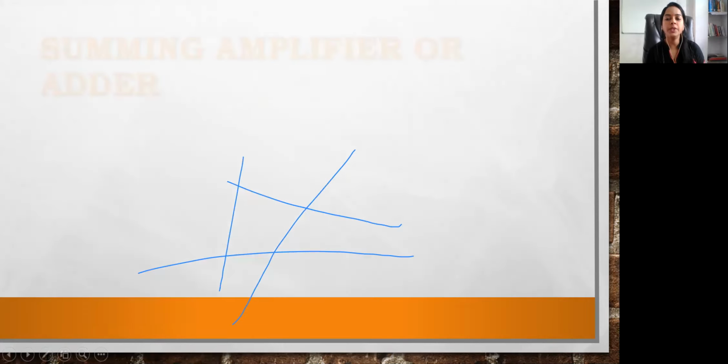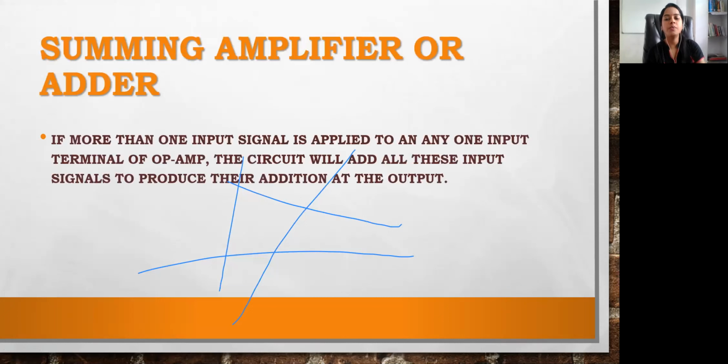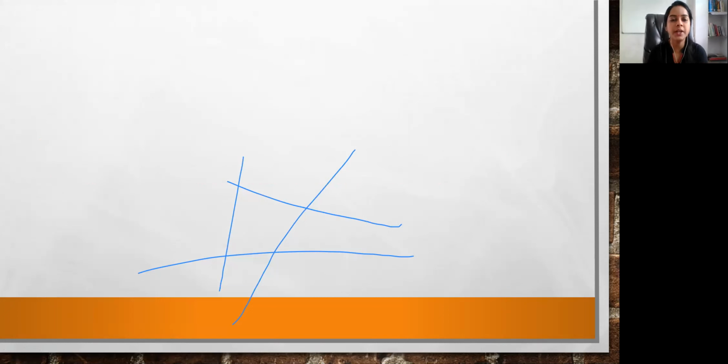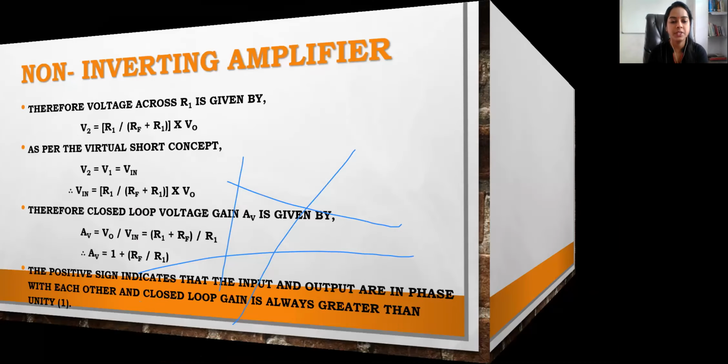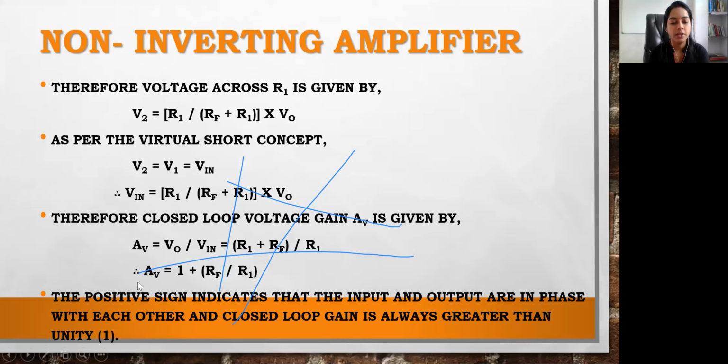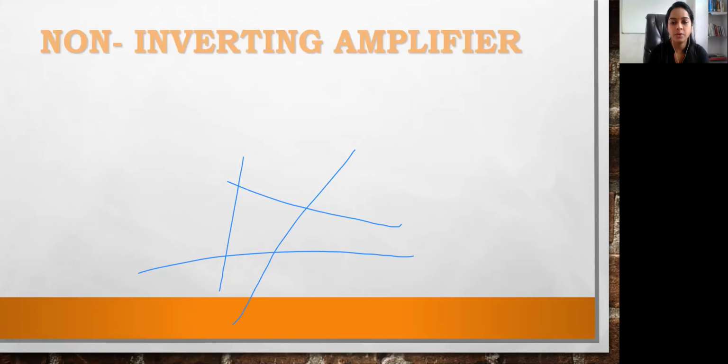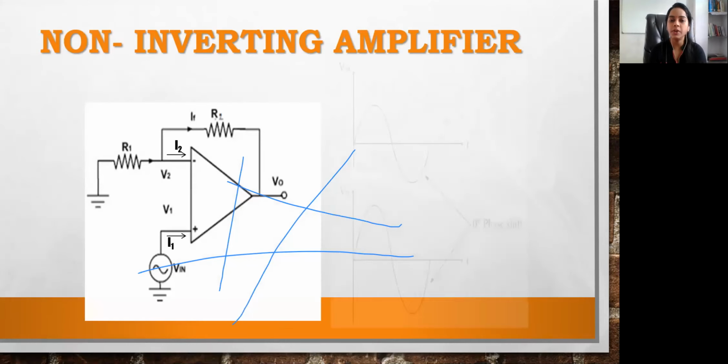The equation of the non-inverting amplifier, as we have written in our previous slides, is that the gain is equal to 1 plus Rf by R1. So this was the non-inverting amplifier.